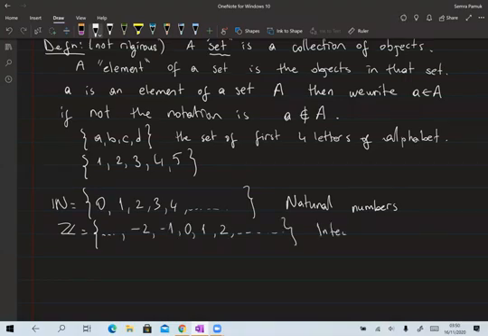Integers. Integer means whole in Latin, so whole number. Once you have the natural numbers, you can add the negative of each one, and you obtain the integers.